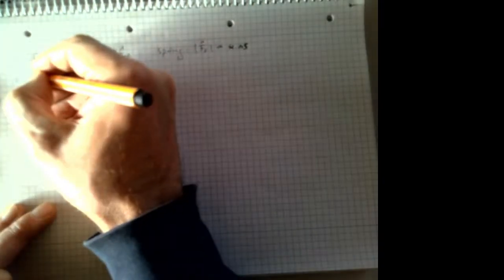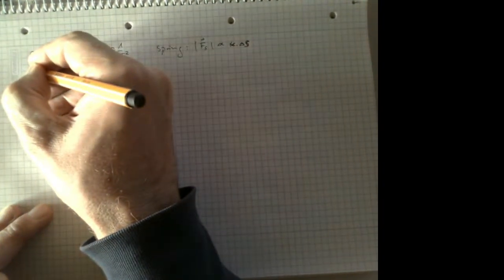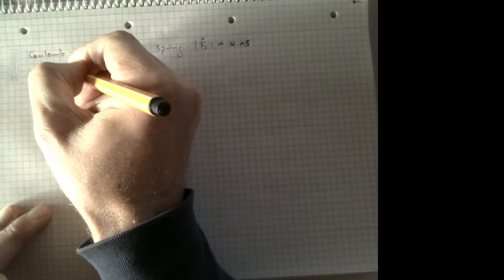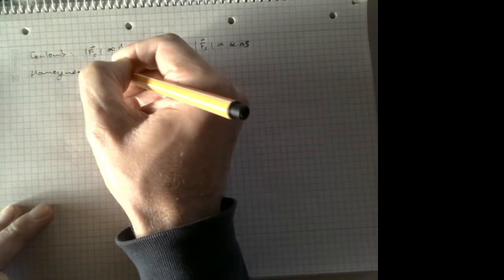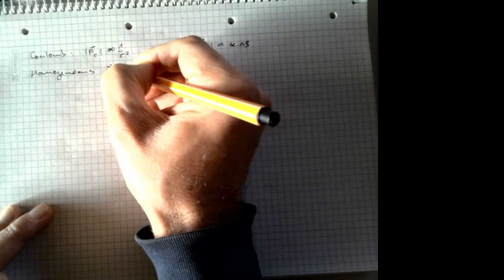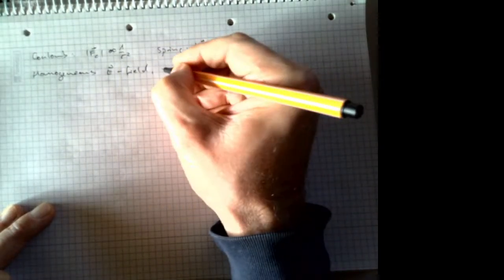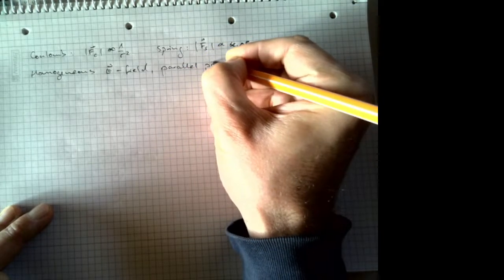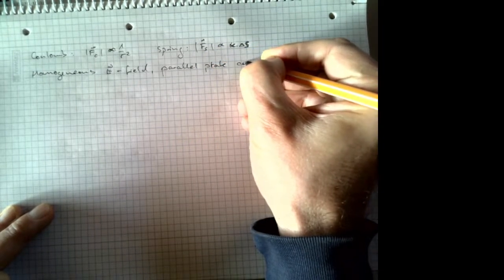Then we have, for example, an electric field, a homogeneous electrical field, like in a parallel plate capacitor.